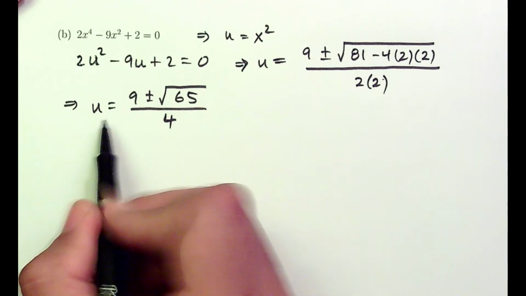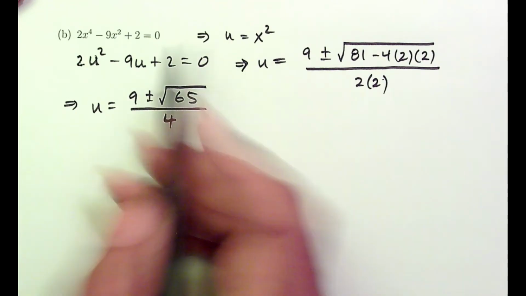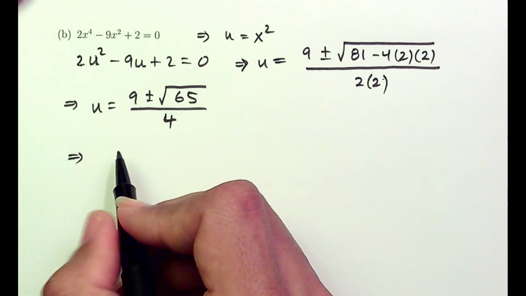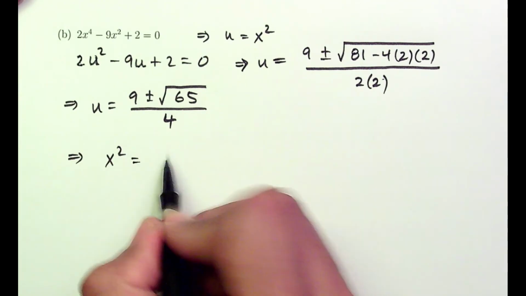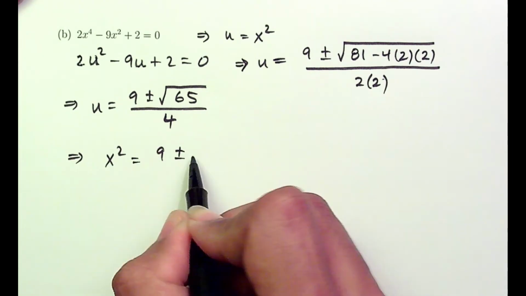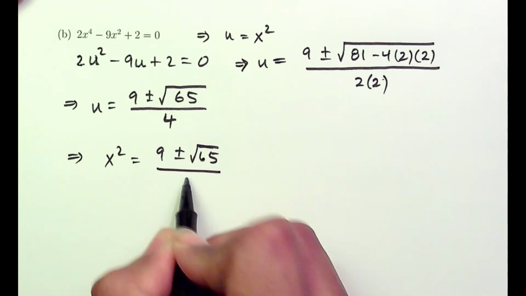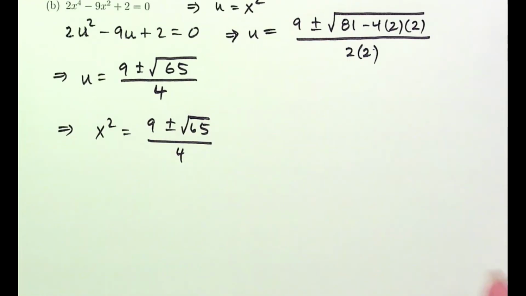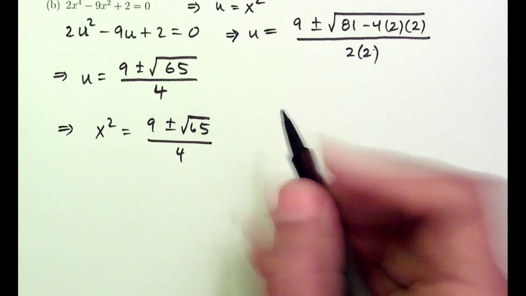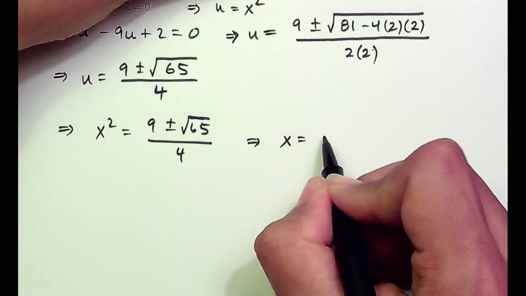So then we go back here and say, okay, this is u, but then let's put it back in terms of x. That means that x squared equals 9 plus or minus the square root of 65 over 4. Okay, and now we take square root to solve for x. If now we take square root on both sides, remember again not to forget to put plus or minus when you take square roots.